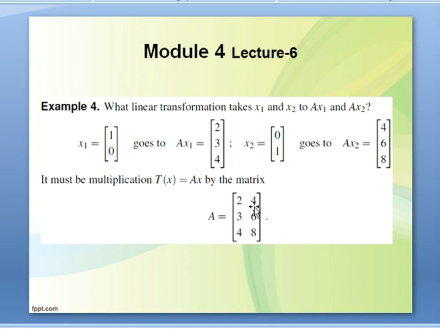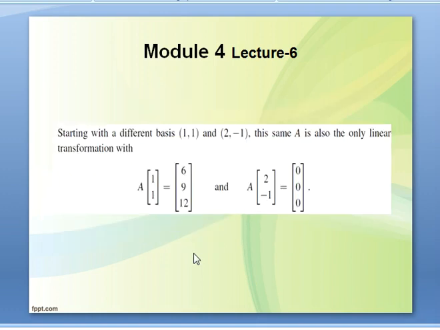So it has to be 6, 9 and 12. The same has been given here. When it gets multiplied with (2, minus 1), they all go to 0. It will be a null space, meaning the null space of A is (2, minus 1). So this is how A times x is calculated.